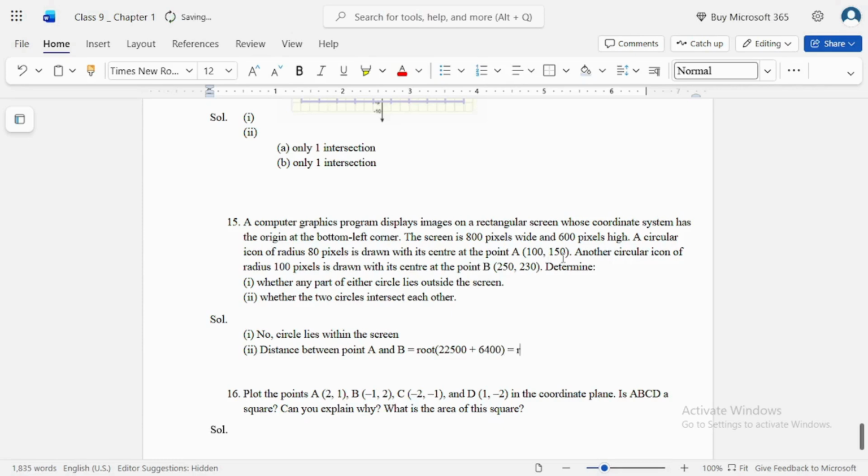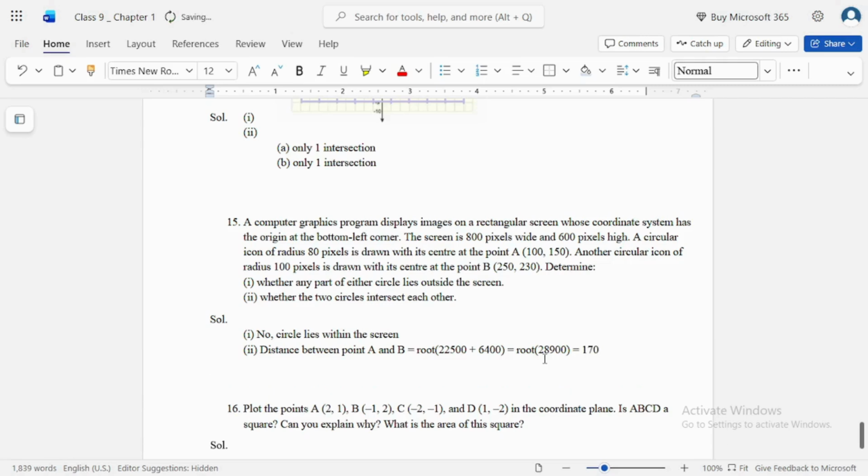This equals root of 22500 plus 6400, which is 28900, and the root of that is 170. So the distance will be equal to 170.